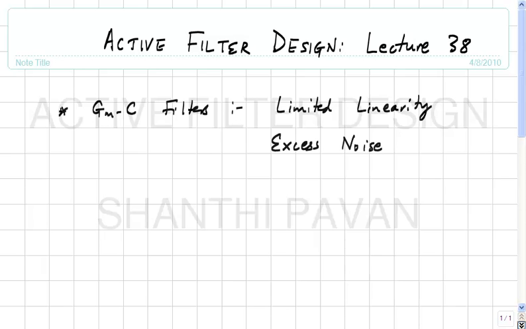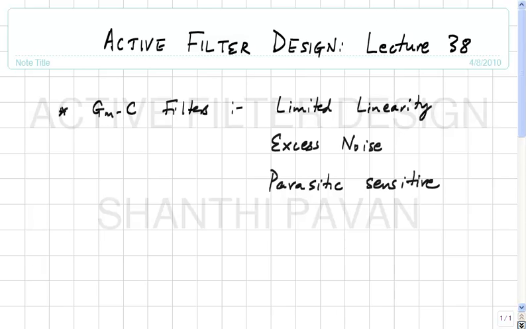Then of course, it is parasitic sensitive, because finally transconductors have to be connected to one another, and you will use wires to connect the output of one transconductor to the input of the other, and these wires will have parasitics to ground, right, which means that these parasitic capacitances will come in parallel with the integrating capacitors, thereby changing the integrating capacitance.